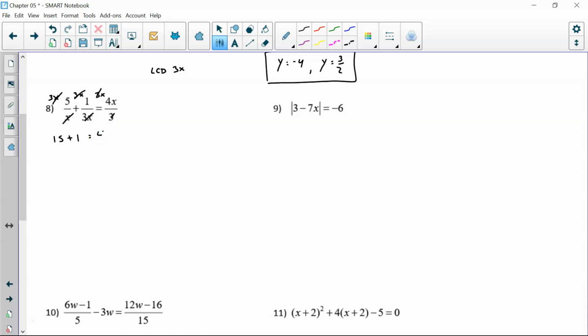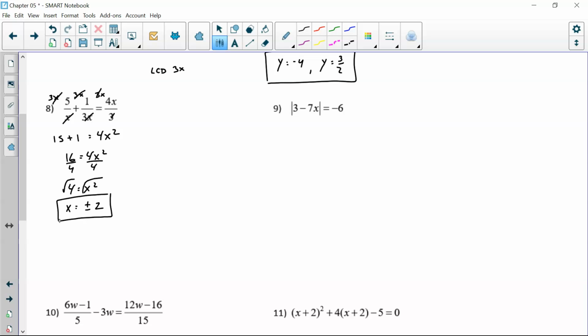We're left with 4x squared. So 16 equals 4x squared. Divide both sides by 4. 4 equals x squared. Square root of both sides, x equals, don't forget two solutions, plus or minus, and the square root of 4 is 2. Won't cause division by 0 for either one of them. We're good.